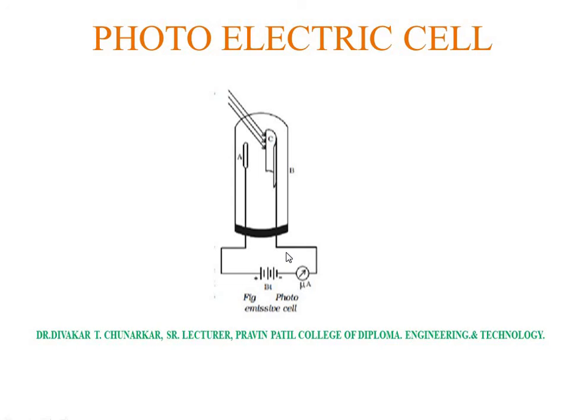Third, it is used in the automatic control of traffic signals. It is used to switch street lights on and off automatically. It is used in recording and reproduction of sound during the shooting of a film.